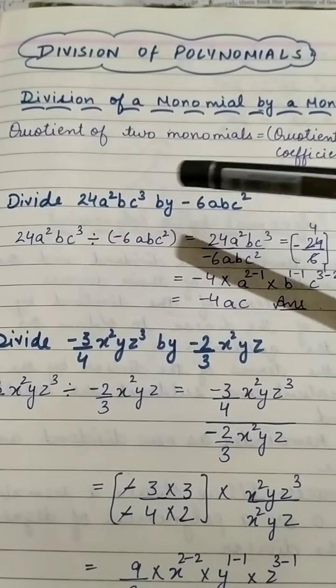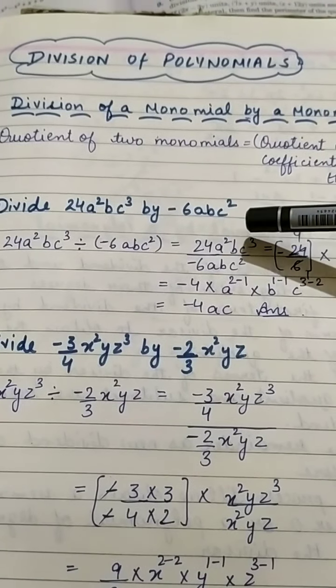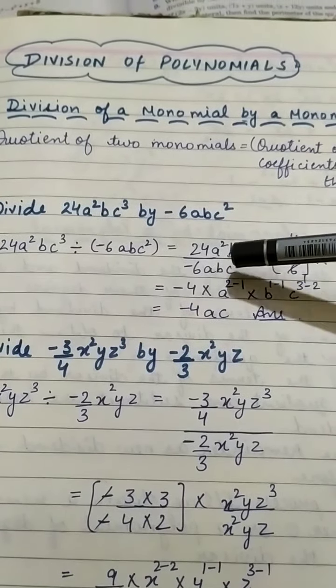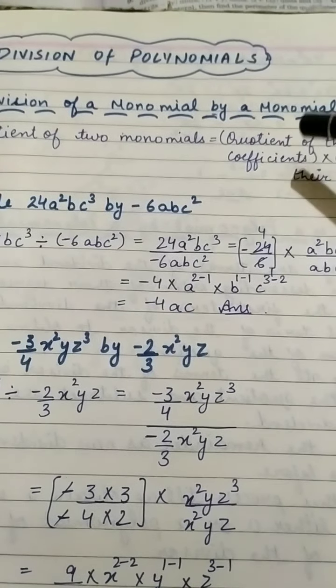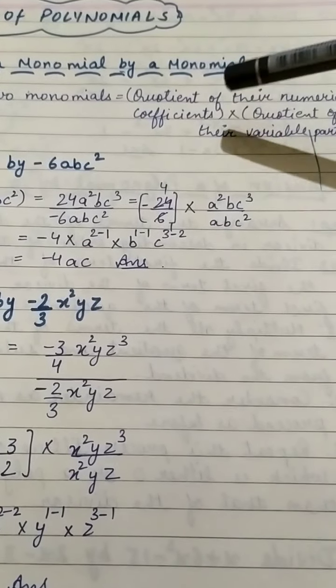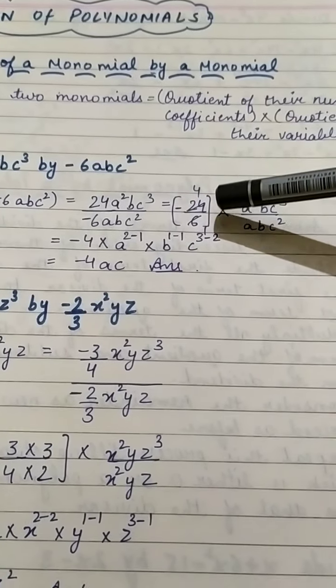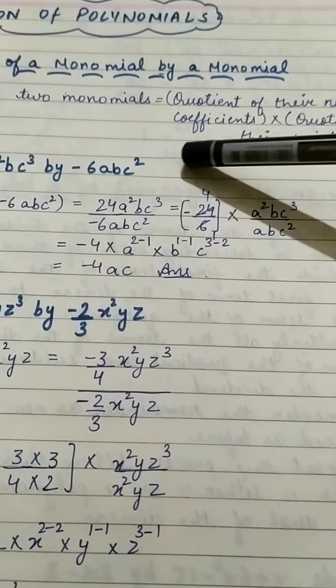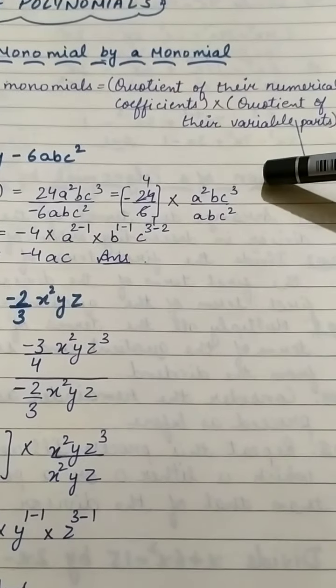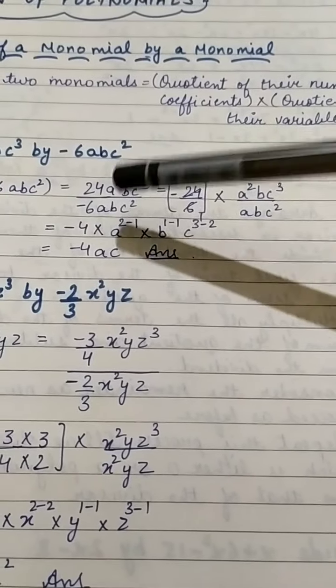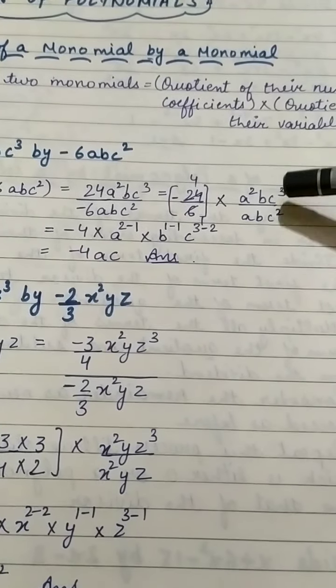So 24 upon minus 6, a square b c cube upon a b c square. What is the formula? Quotient of their numerical coefficients. So the numerical coefficient is 24 upon minus 6. This we will write here separately. And the quotient of their variable parts, means these variables, we will write separately.